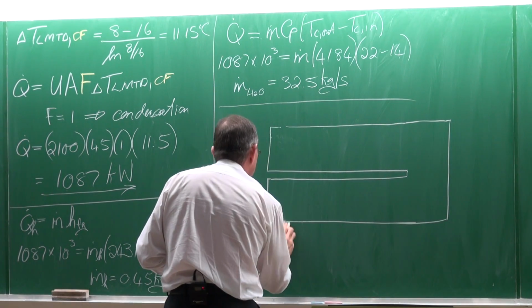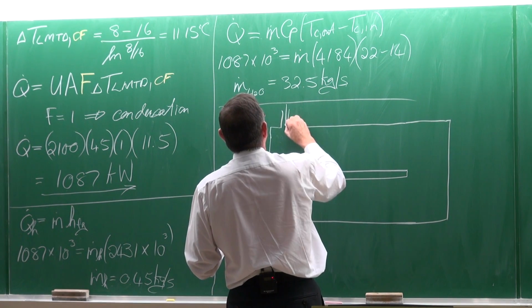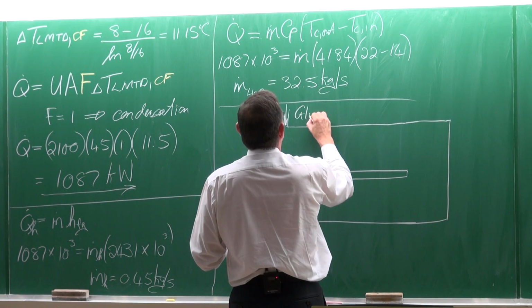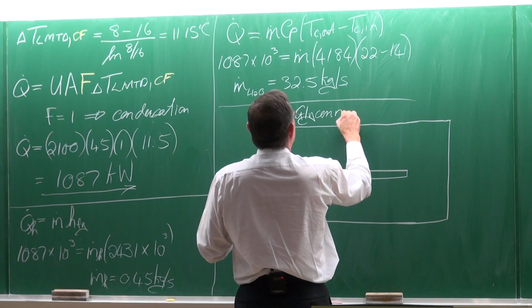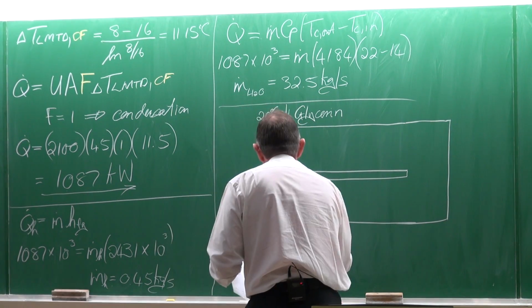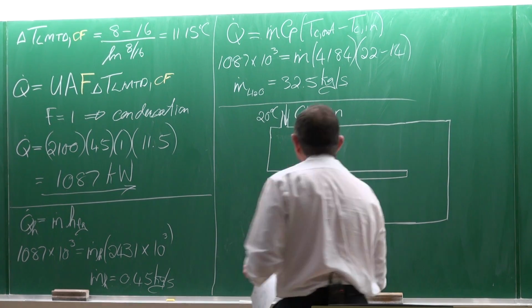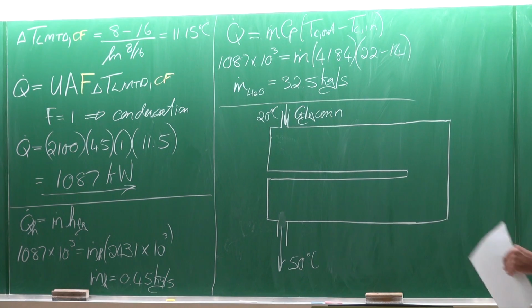Inlet there. Okay. And now we've got glycerine. Glycerine, the inlet temperature of 20 degrees Celsius, and that is being heated so that the outlet temperature of the glycerine is 50 degrees Celsius.